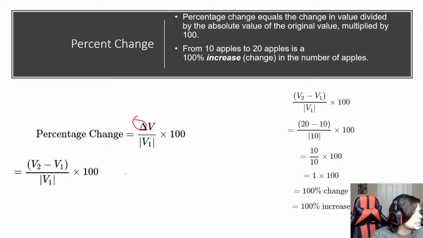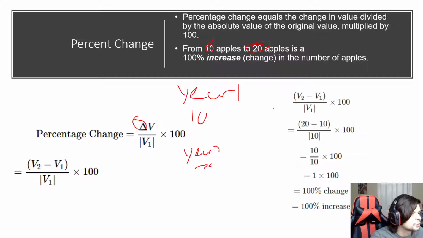So let's say we have the difference of V divided by the absolute value of V, the first variable, times 100. From 10 apples to 20 apples: in year 1, we had 10 apples, and in year 2, our harvest yielded 20 apples.